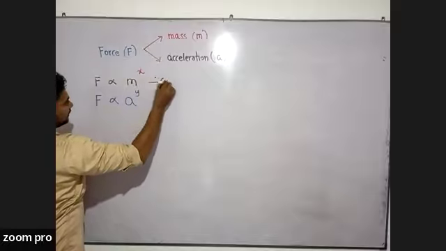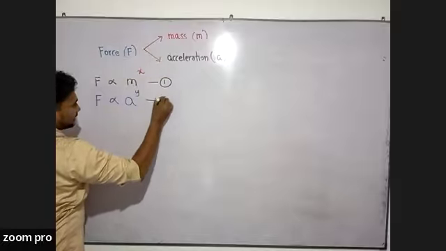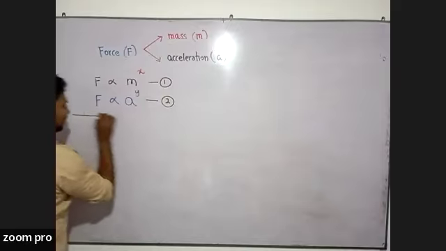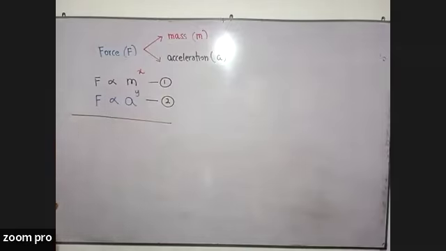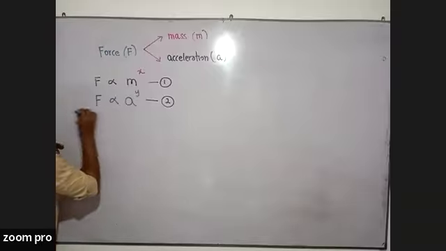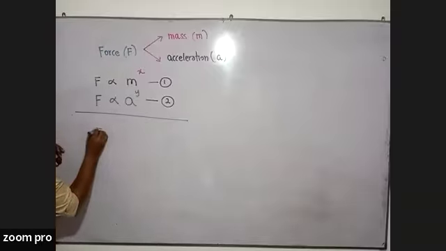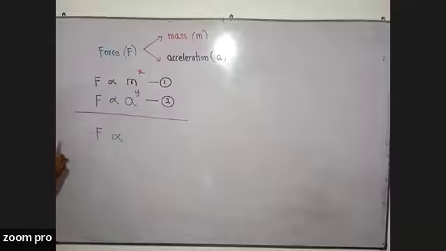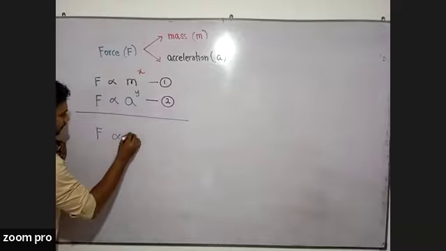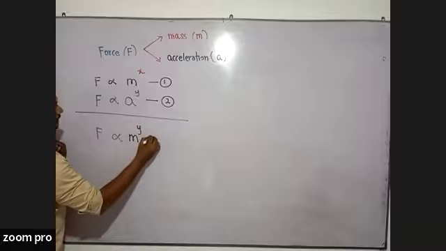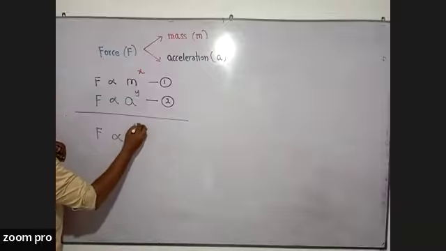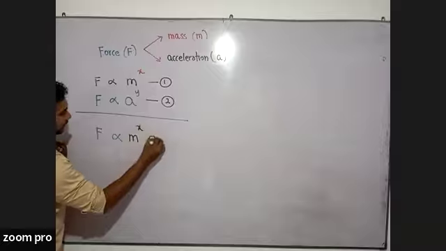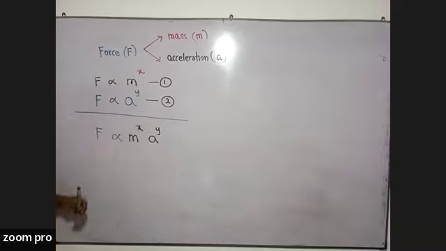Let's call this the first one and this the second one. Now, if I write down the equation considering both of these, we can write it as F proportional to M to the power of X and A to the power of Y. Right.